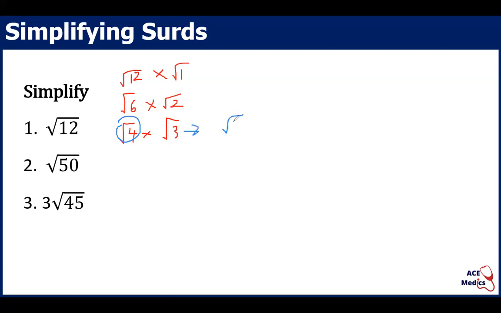So root 12 equals root 4 times root 3. Now, the reason we use a square number for one of them is because to simplify it, this needs to be dealt with. So we're going to have 2 times root 3. Sorry, guys. And that answer will be 2 root 3. Does that make sense?